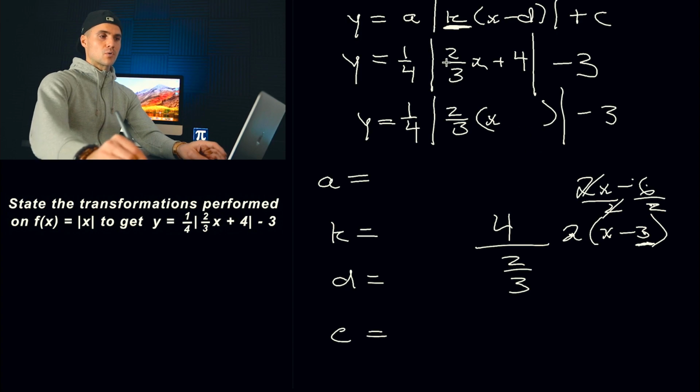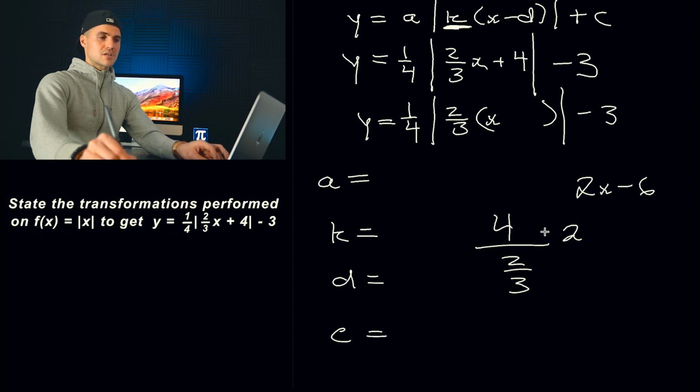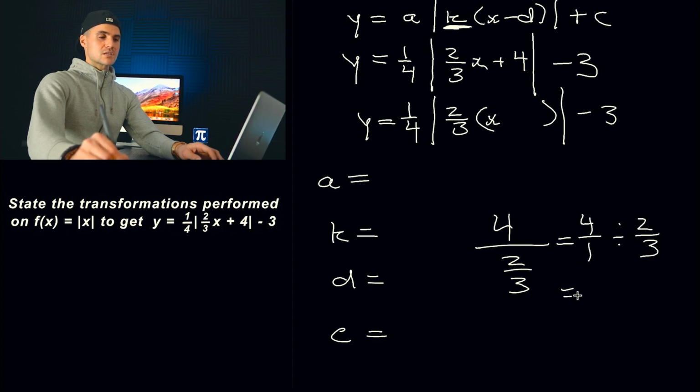So same thing here. We're taking out this 2 over 3, and we have to divide what was there initially by what we are taking out. It's the same exact process, it's just sometimes students get confused when there are fractions involved. So if we take 4 divided by 2 over 3, that's like 4 over 1 divided by 2 over 3, which is like 4 over 1 times 3 over 2, which would be like 12 over 2, which would give us 6.